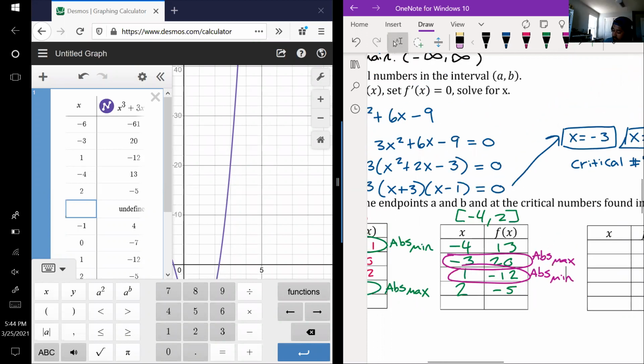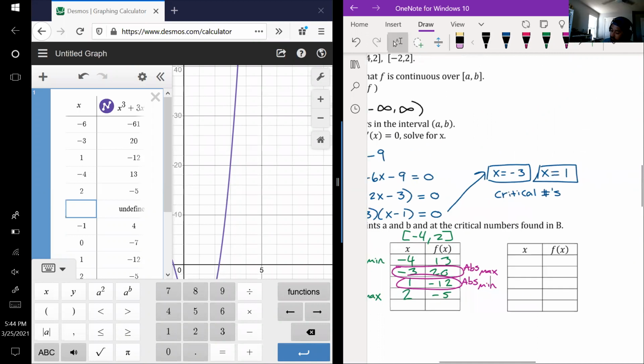Okay. Last interval. -2 to 2. Do my critical numbers fit in that interval? Which one does not fit? -3. So we do not include it. We exclude -3.